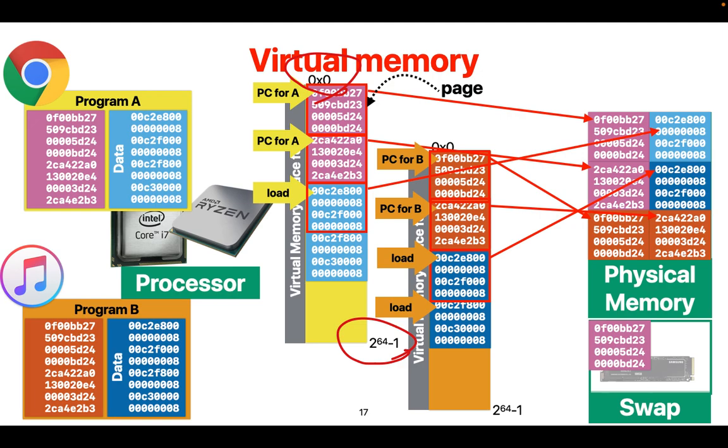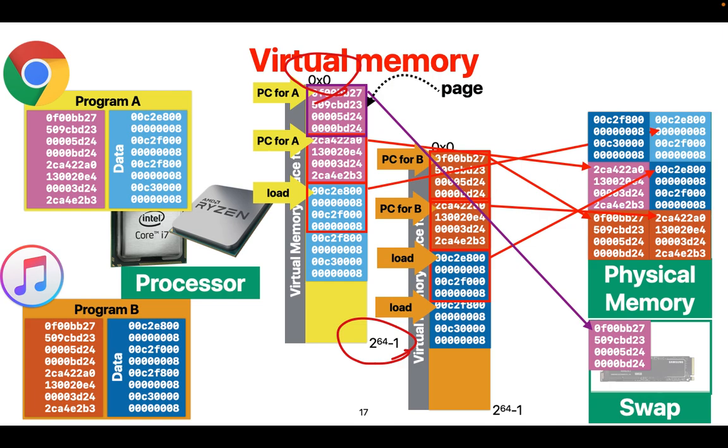And if I am running out of space, then there is something called swap. You can create it on your disk, and it stores the stuff that you kick out from your memory. And whenever you need it again, we can put it back. So that's the whole idea about memory.